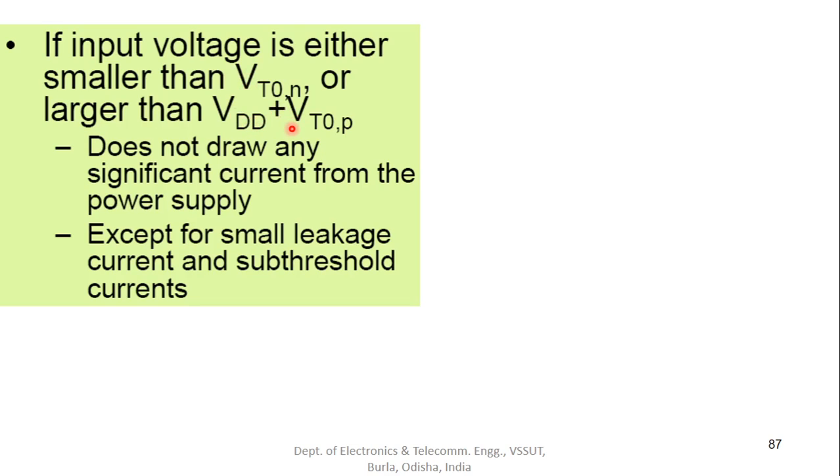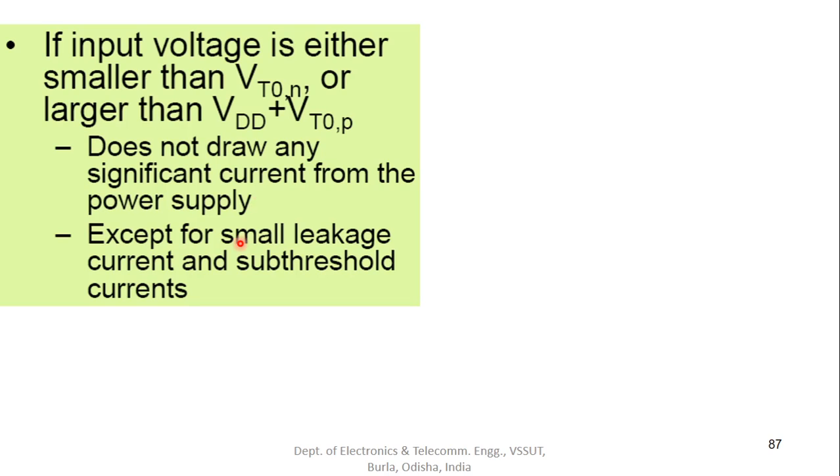So if any one of the devices is not conducting, like an open circuit, the current will not flow through the branch, and we say that it does not draw any significant current from the power supply. So the power supply gets disconnected from the ground, and the current becomes negligible or almost zero.